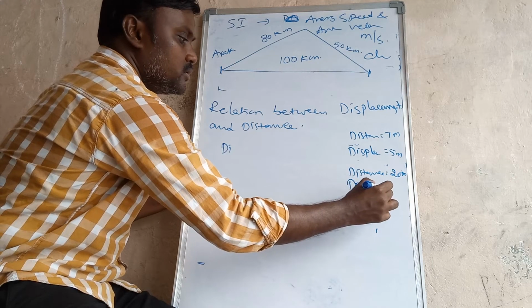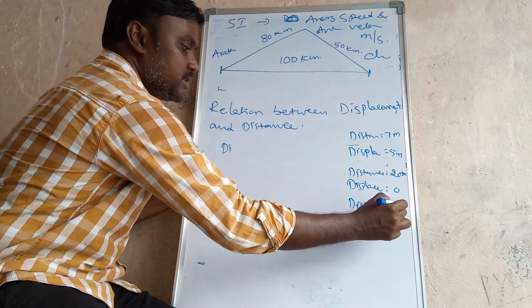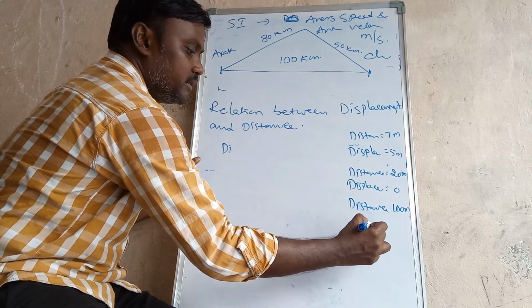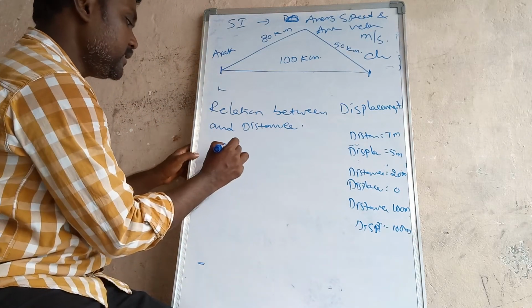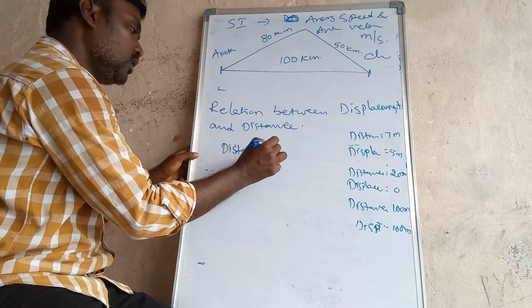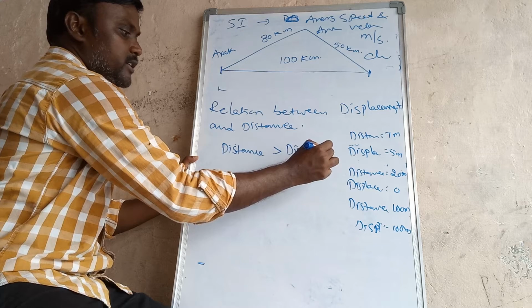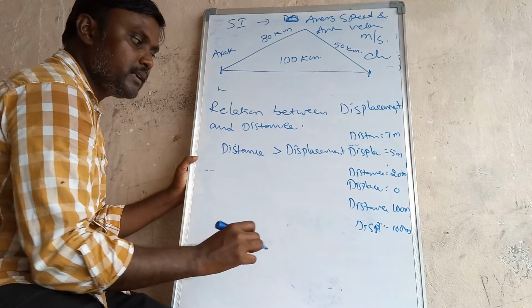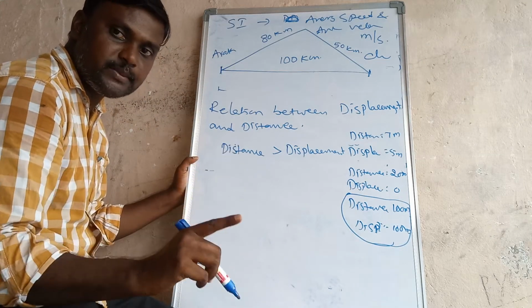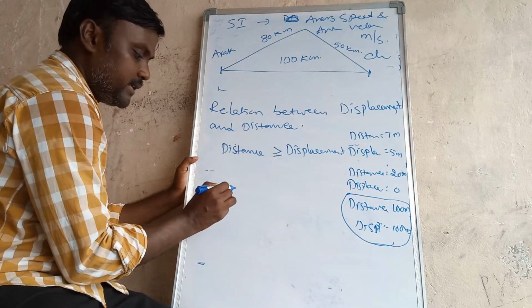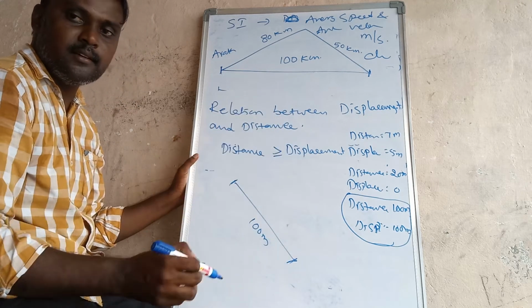In the third example, that is the 100-meter running race, distance is 100 meters, displacement is also 100 meters. So here you see that distance is always greater than displacement, and only in straight line motion are distance and displacement the same. Like this 100-meter running race, the athlete has run in a straight line, participating in a competition.